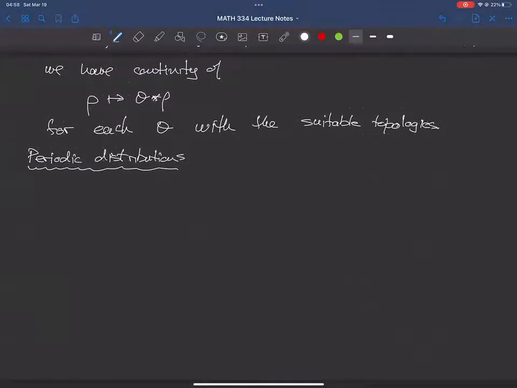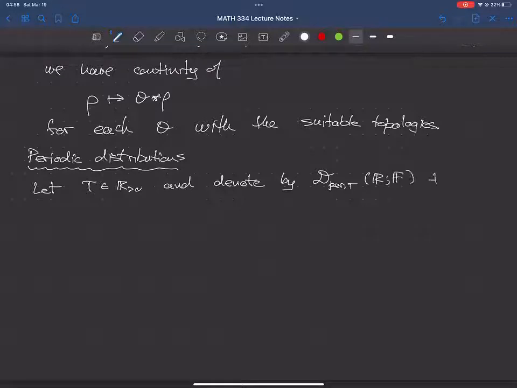All right, so let T be a positive real number and denote by D per T the set of T periodic infinitely differentiable functions.